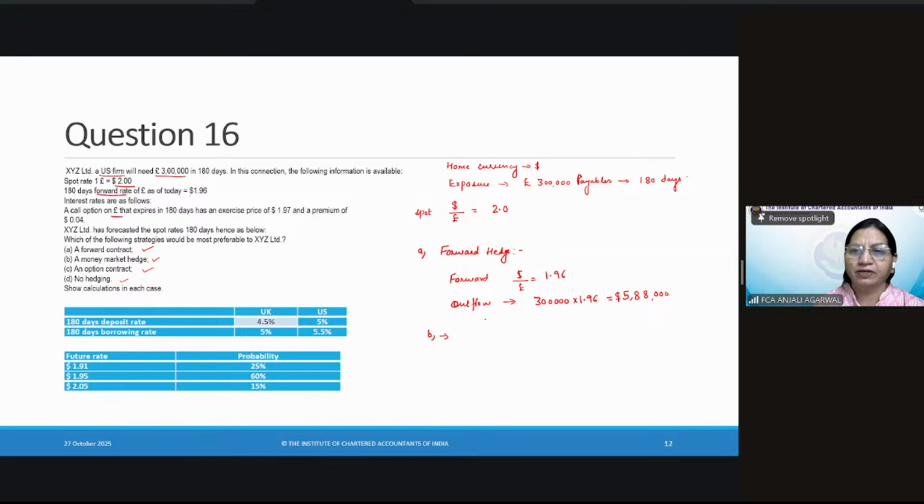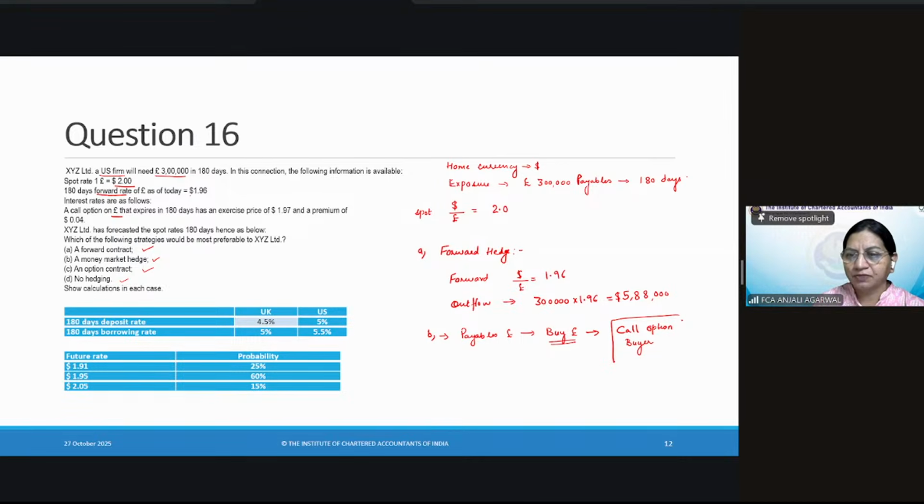How will you figure out what is applicable for an option? First, you have payables in pounds. So you need to buy pounds. And when you want to buy some underlying asset, you generally become a holder of a call option. So you have to become a call option buyer.